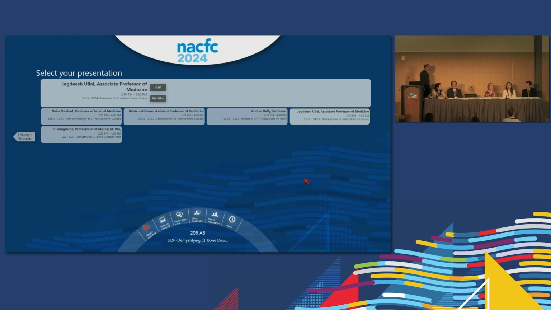Dr. Malouf, you've noticed that people with pancreatic sufficiency had much lower rates of decline in their bone density. And Dr. Williams, you noted that the bone disease guidelines were published in 2005. What kind of comments does this panel have about updating those guidelines? I'll go first.